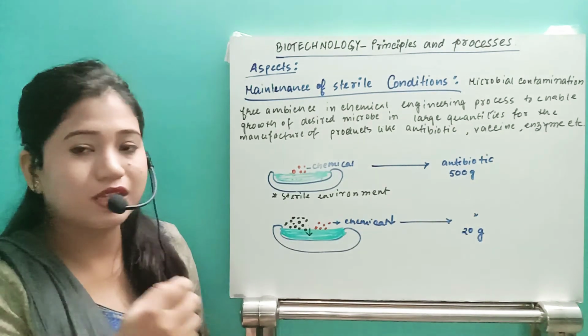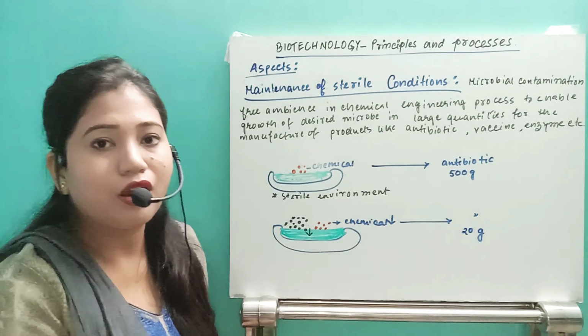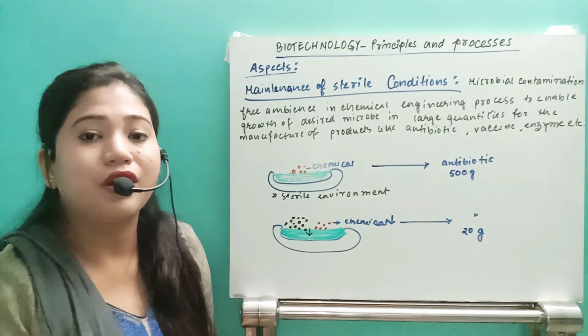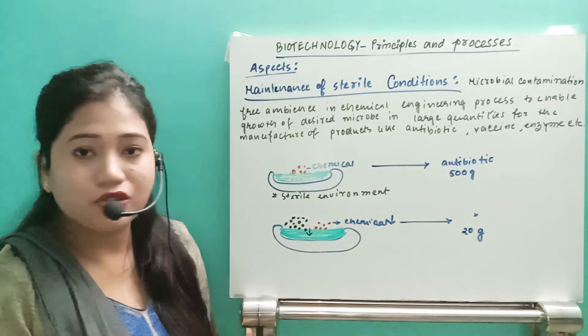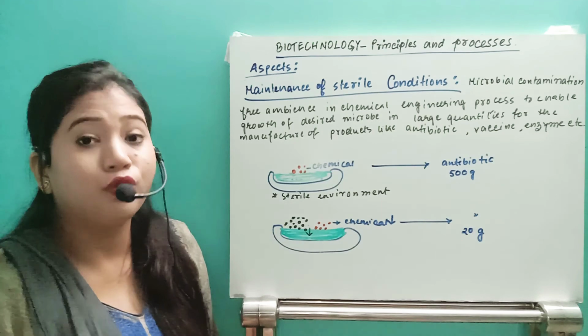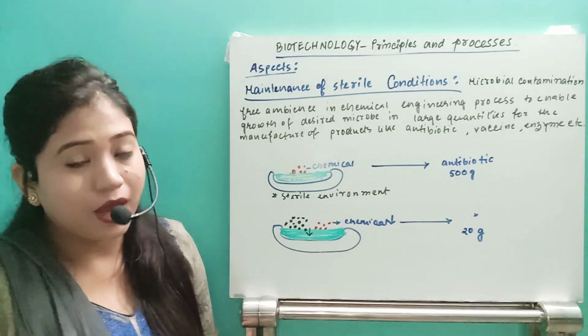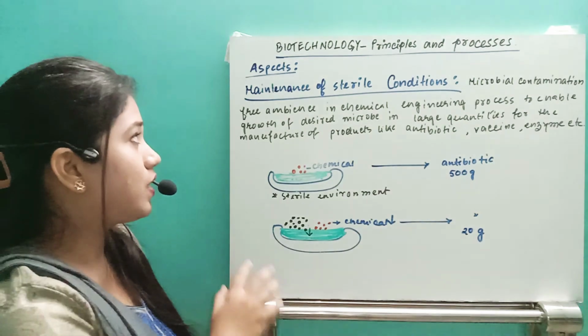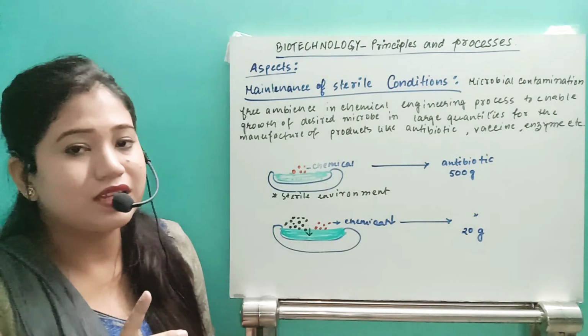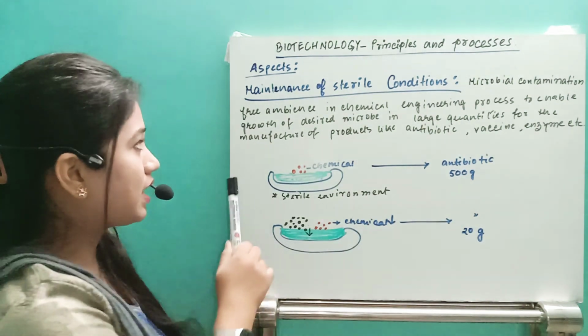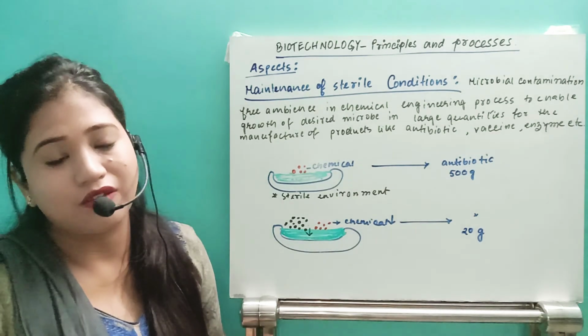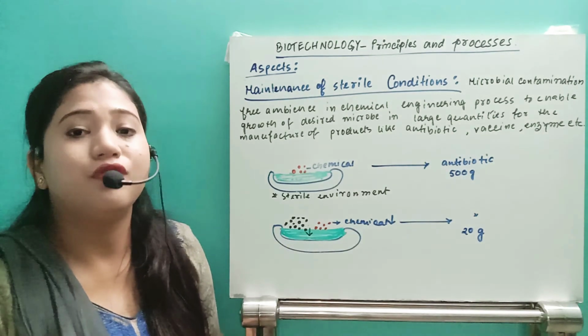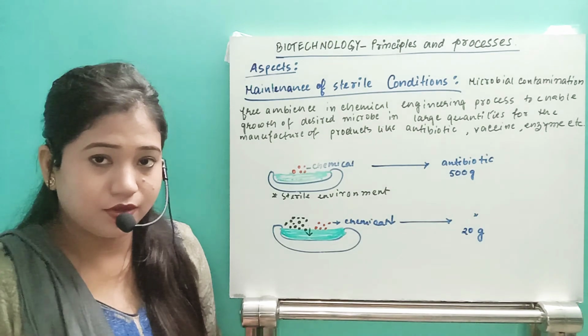If we just keep a piece of bread in our home, then the next day fungus grows. It is not at all allowed to grow in our microbiological or biotechnological lab, right? So these two principles, one is genetic engineering and the second is maintenance of the sterile environment, are very important, right?